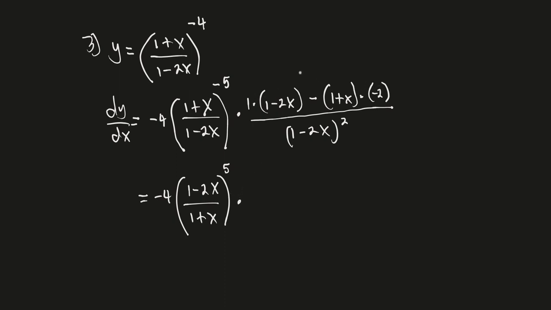Now let's look at the numerator here, right? So as not to have to write too many extra things, let's look at just that. Well, if I distribute the 1, I'll have 1 minus 2x. Now I have a negative here, and then I'm also multiplying by a negative 2. So essentially, these two negatives will make everything here positive, right?